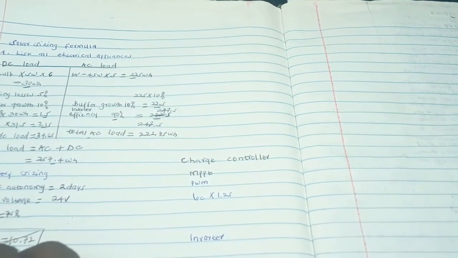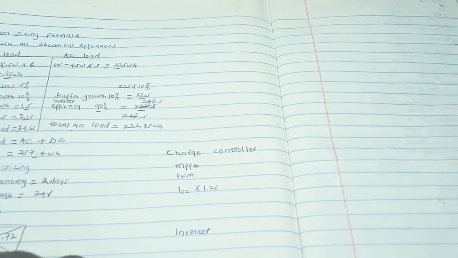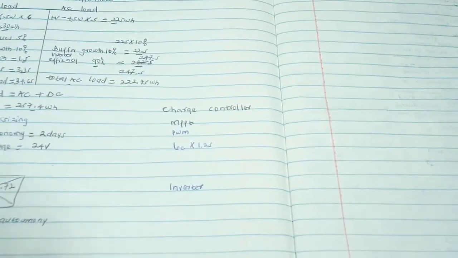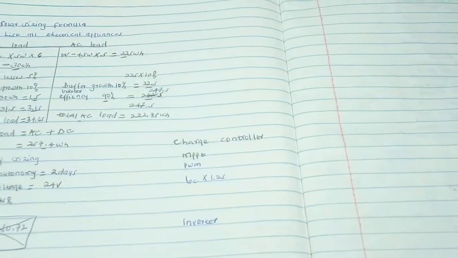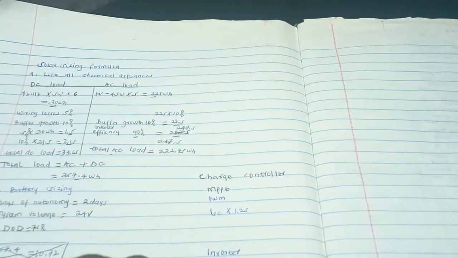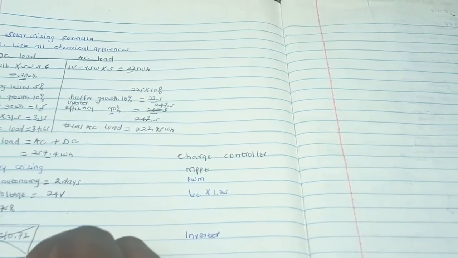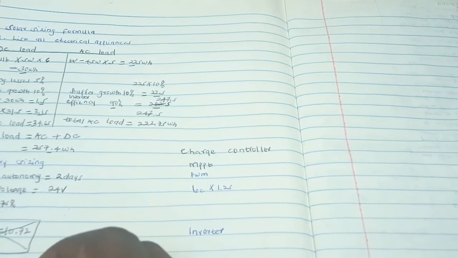So we shall take 257.4 times 2. We shall get 514.8.